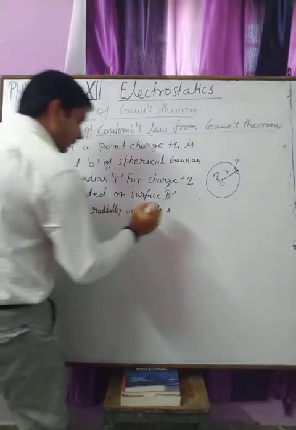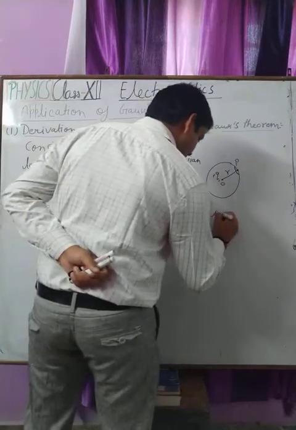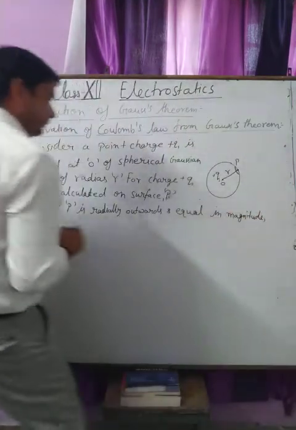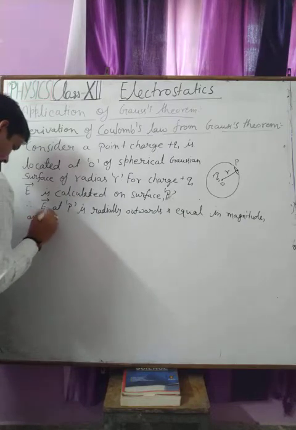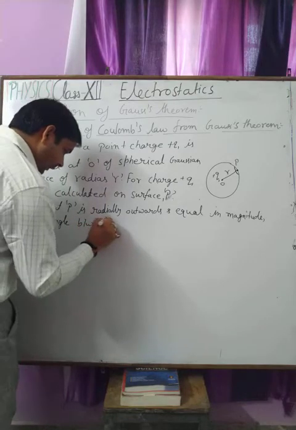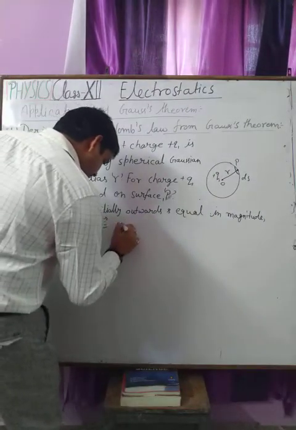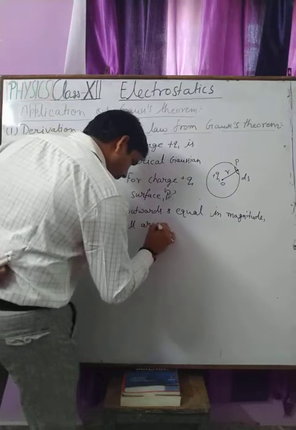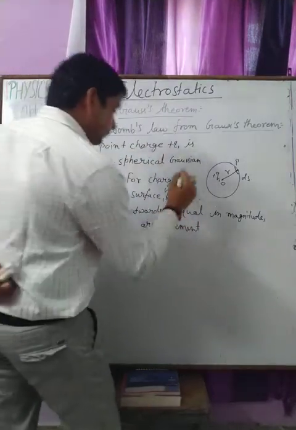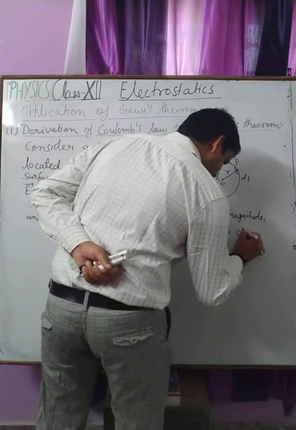and equal in magnitude, and the angle between the electric field and a small area element dS is 0 degree.